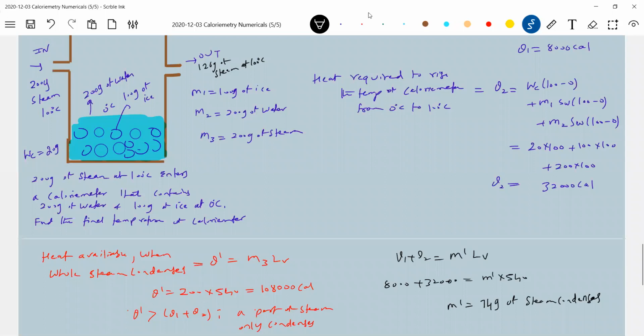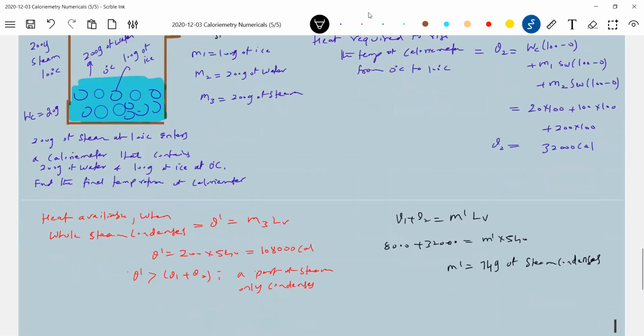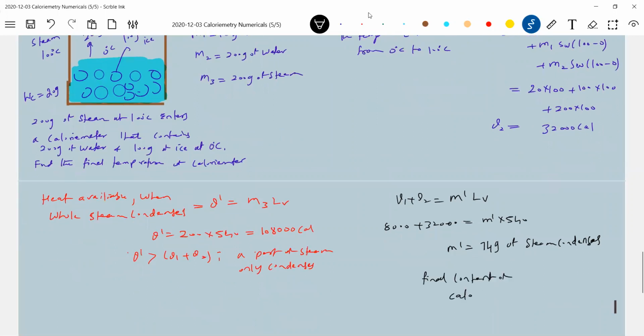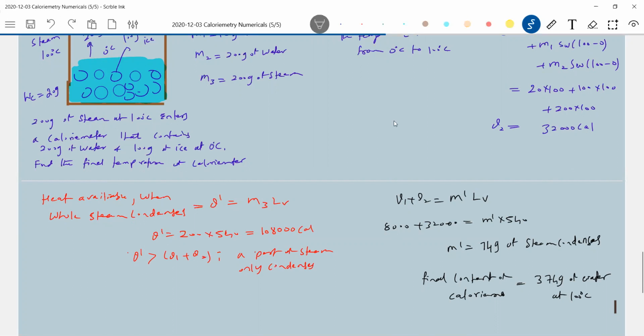So what will be the final content of the calorimeter? 374 grams of water at 100 degrees Celsius. Do you all agree? This is what we did.